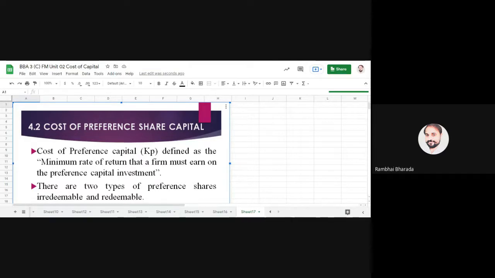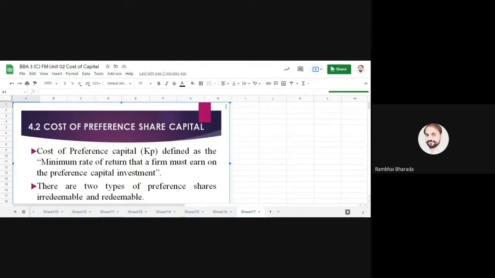Eight types of preference shares are there. I list them out: convertible, non-convertible, participative, non-participative, cumulative, non-cumulative, and redeemable and irredeemable. Again, repeat with me: convertible, non-convertible, participative, non-participative, cumulative, non-cumulative, redeemable, irredeemable.